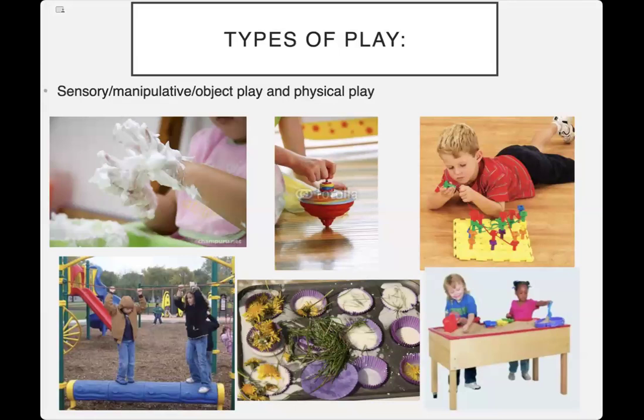The children, anything that has got to do with the 5 senses, which is obviously using their eyes, eyesight. Number 2 will be a sense of touch. That's where manipulative play comes in. The senses of smelling, where they can smell different objects.